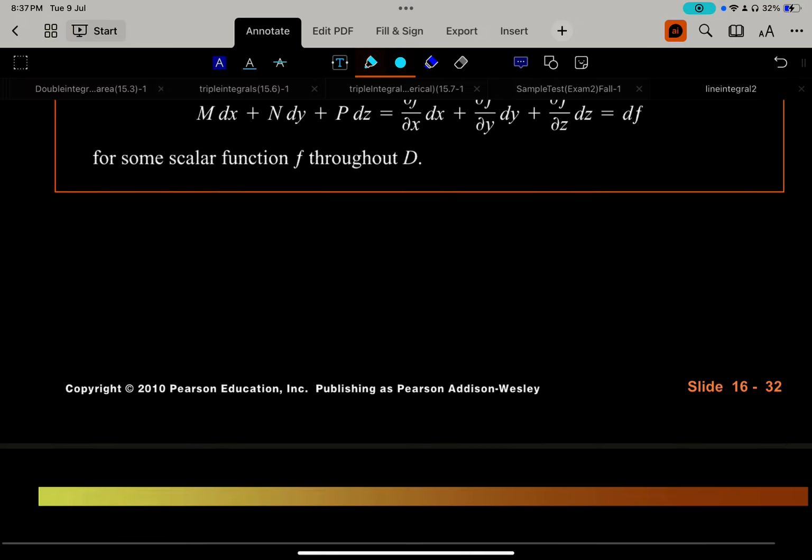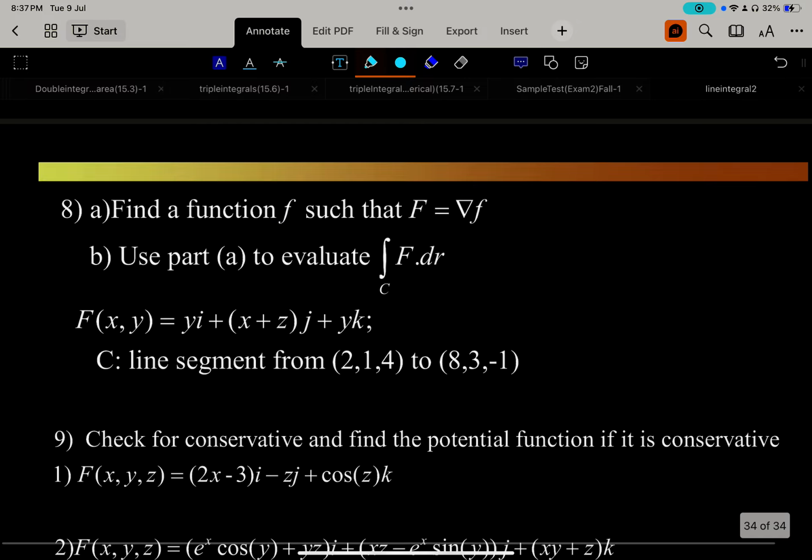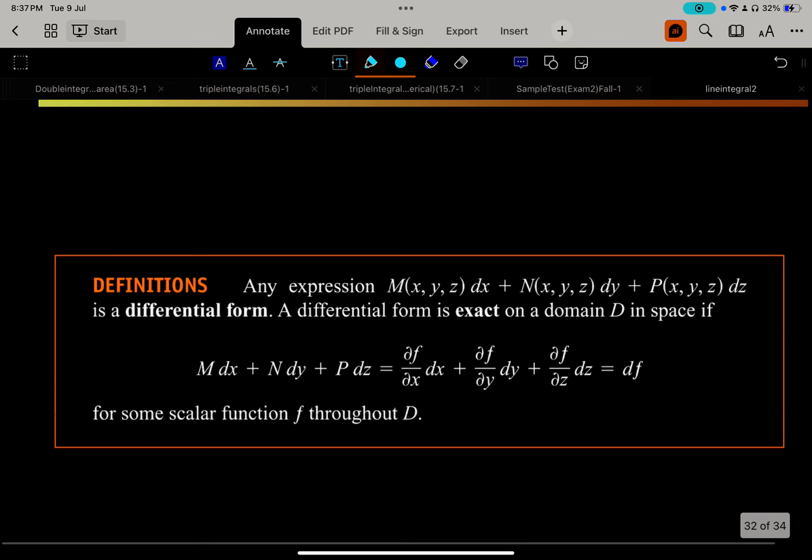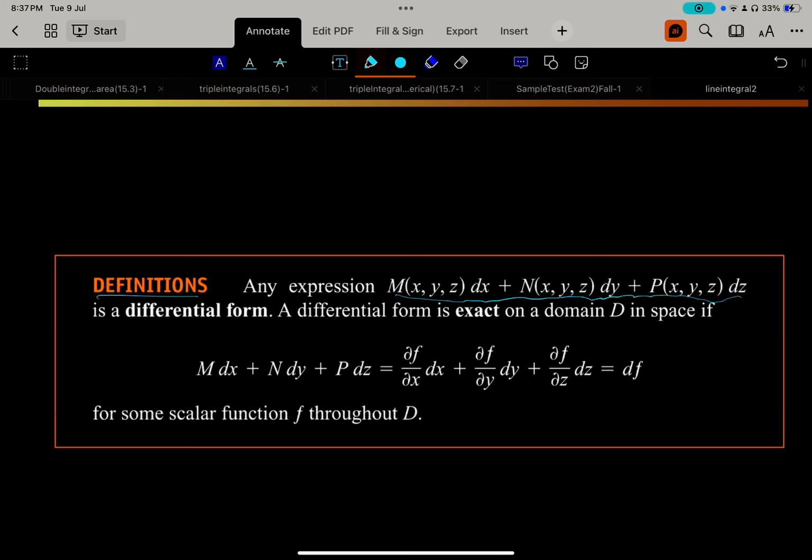And we have our last definitions and some examples. This definition states that any expression M(x,y,z) dx plus N dy plus P dz is a differential form. If you take differential equations, you're going to see this, or you have already seen this.